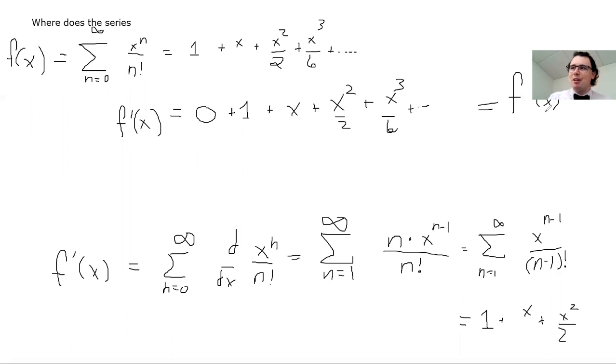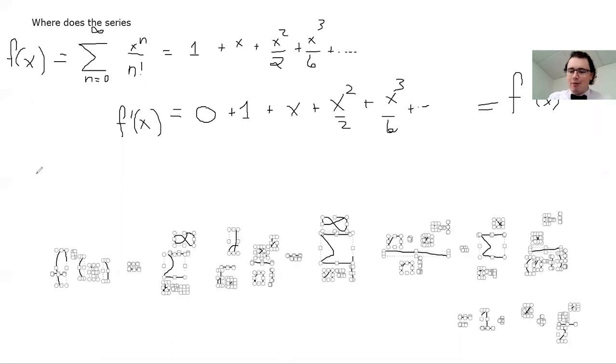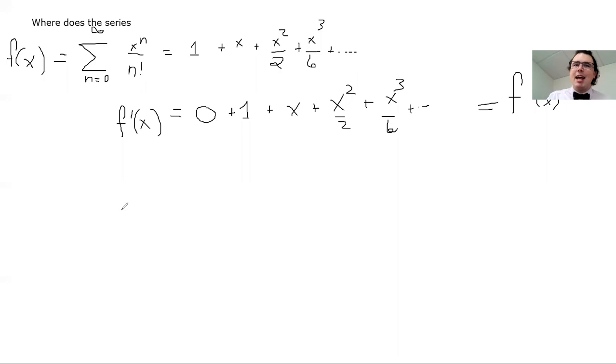What function do we know whose derivative is itself? f of x is the exponential function, e to the x. That's what it is. How do I know that? Because I took the derivative of my power series and I got back the function that I started with.